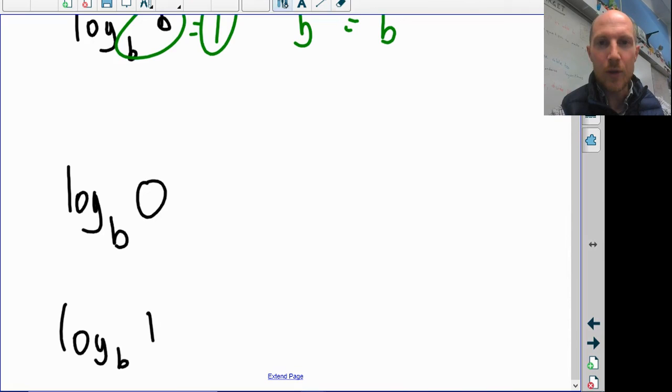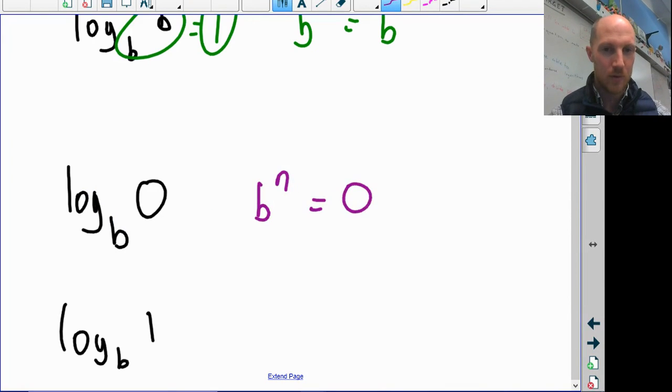So let's think about these. What does a logarithm mean? Log base b of 0 means b raised to some power needs to give us an answer of 0. What exponent can you put on a b that gives you a 0? I know what people want to say.